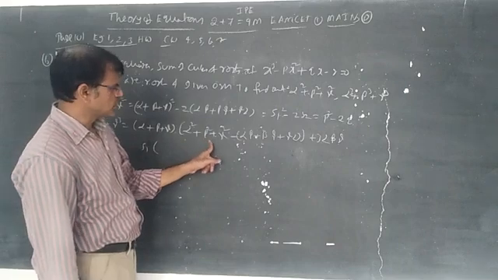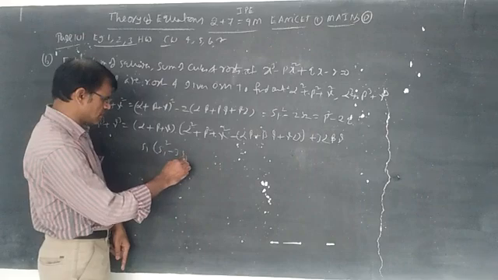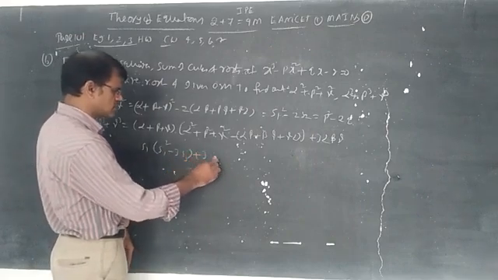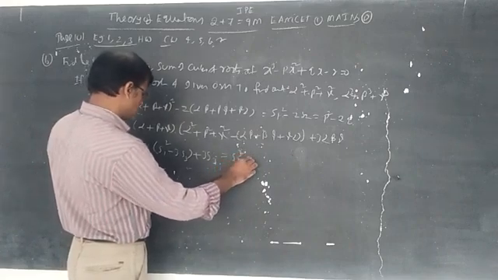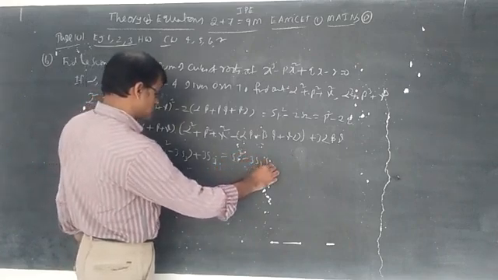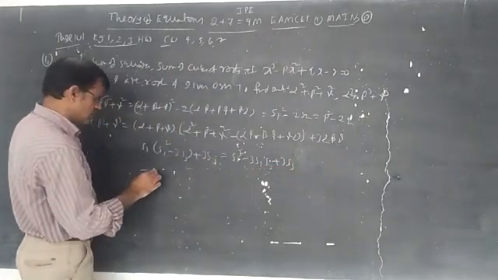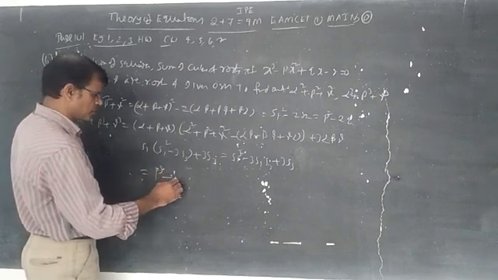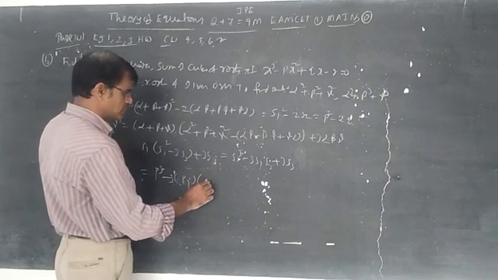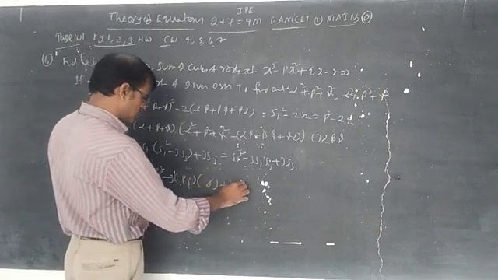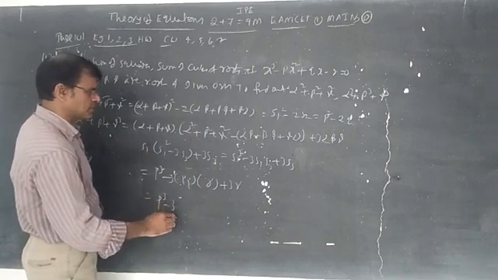S1 square minus 2S2, and S2 is there, then you can understand S1 square minus 3S2 plus 3S3. So I said already S1 cube minus 3S1S2 plus 3S3, that is equal to S1 means here p cube minus 3 into S1 means p into S2 means q plus 3r.